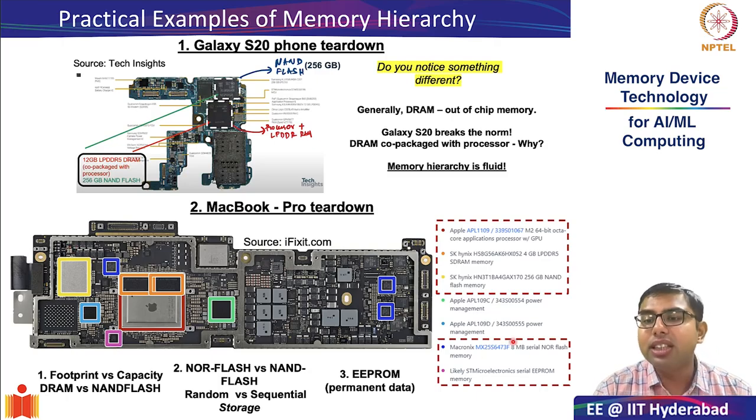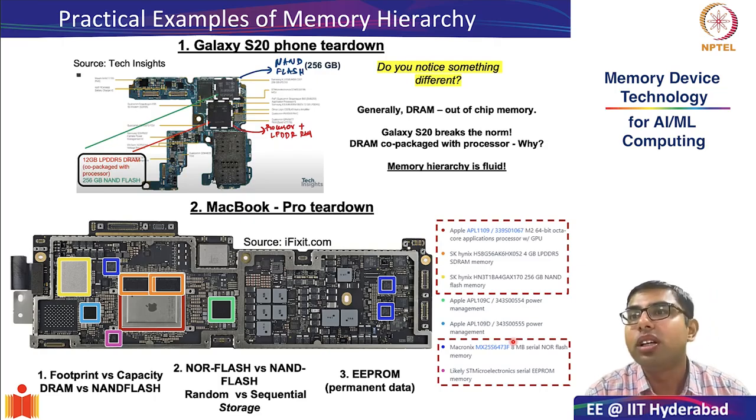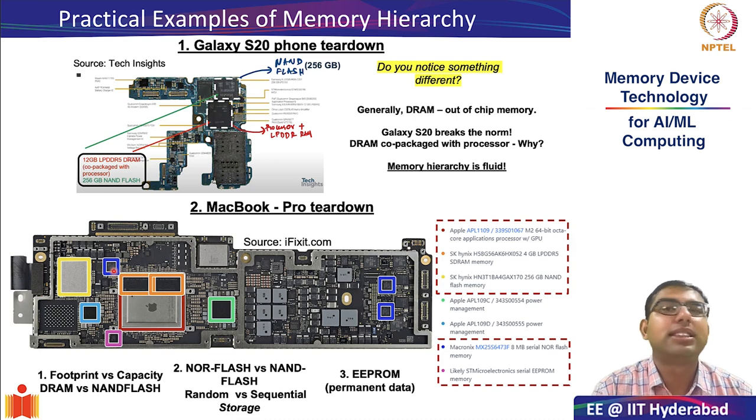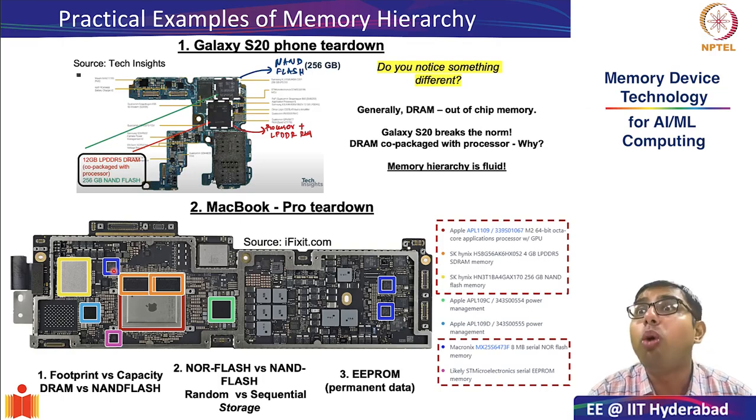An important thing to understand is, why would you want a NOR flash in this kind of system? Because there can be some permanent data. Remember, DRAM cannot store data permanently, in the sense that it is essentially volatile. So there might be some application such as running the boot code. Right when your chip is booting up, you might want some information which is permanent, but you want to access it as soon as possible.